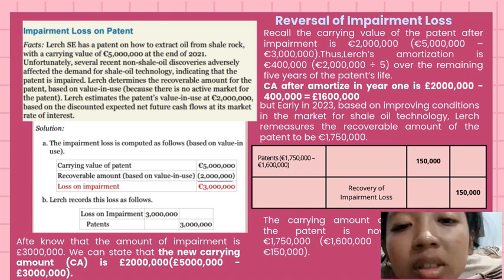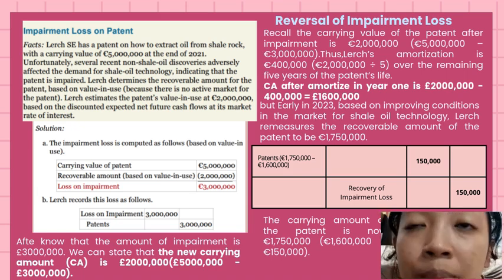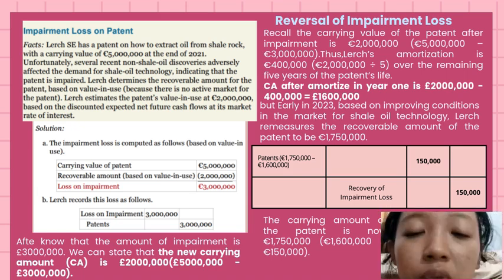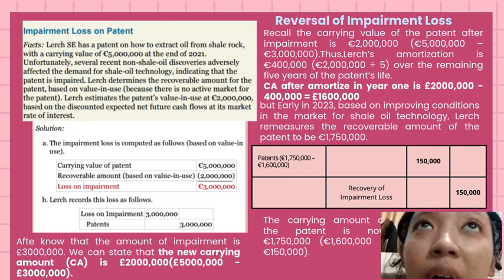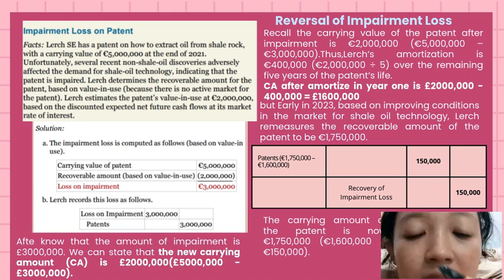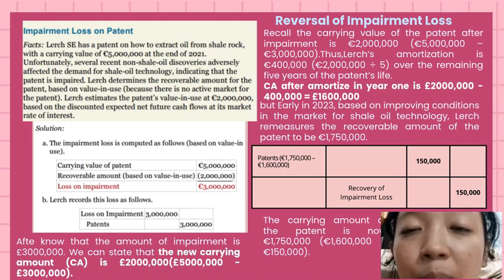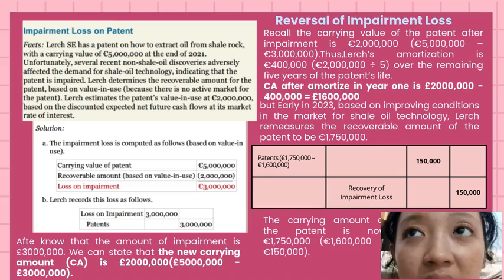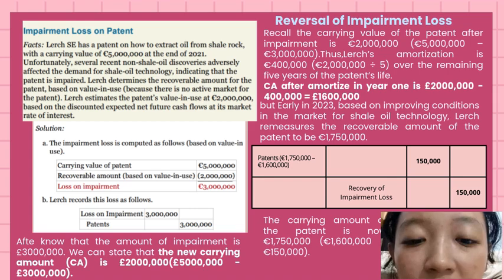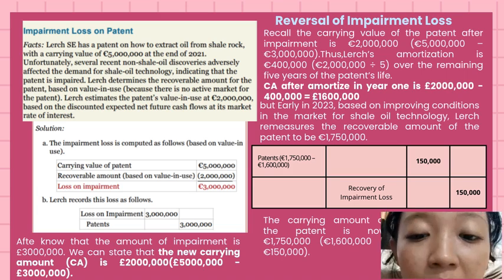We already know that there's impairment, but we don't know yet how much the impairment loss is. So we will calculate the impairment loss and how to journalize it. To know how much impairment loss, we subtract the RA from the CA, and then we get 3 million as the amount of loss on impairment.